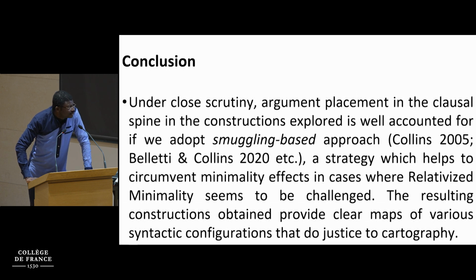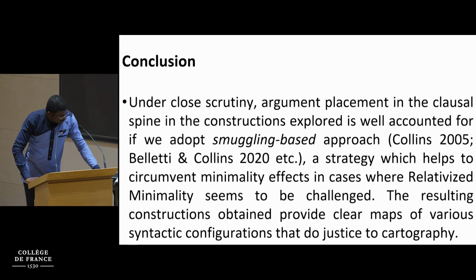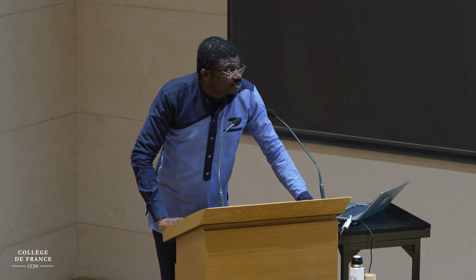So the resulting construction provides us with clear maps of various syntactic configurations that do justice to the cartographic approach. Thank you very much.